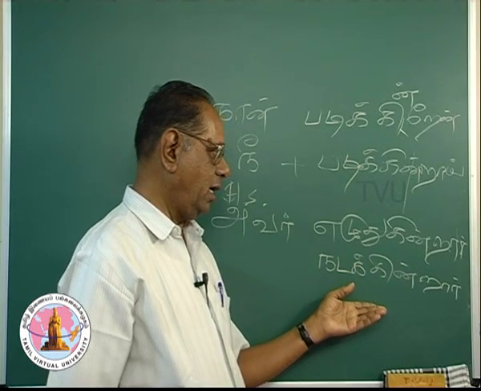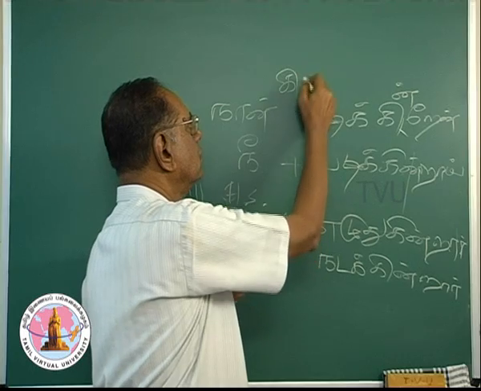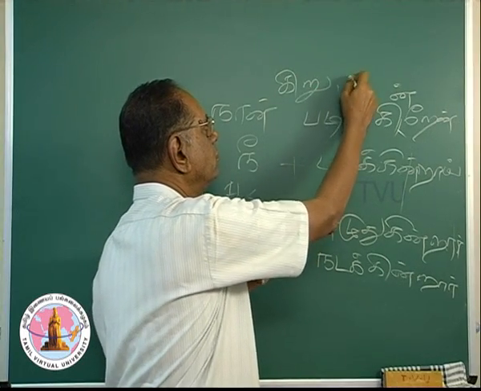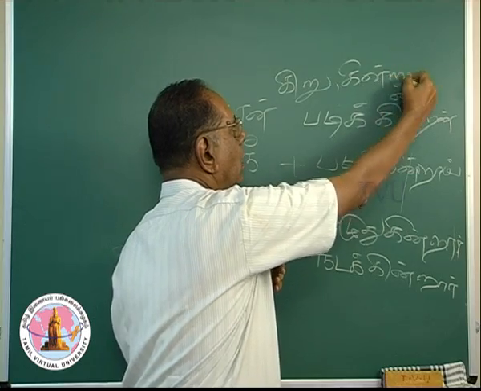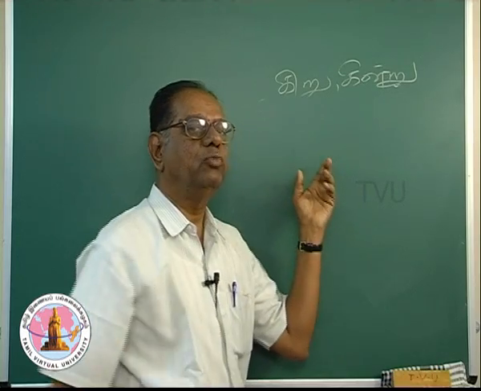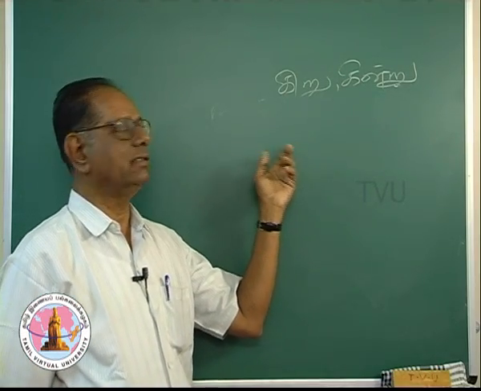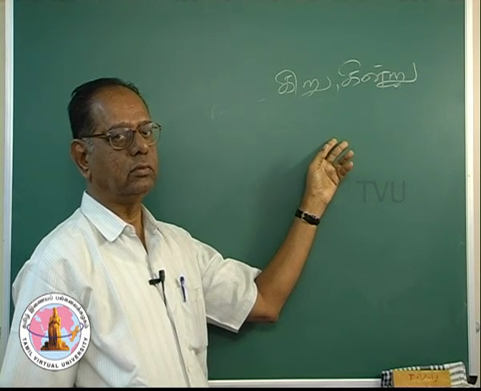That is to say, kiru and kindru are the tense markers for the present tense. Actually, there is no difference between these two.